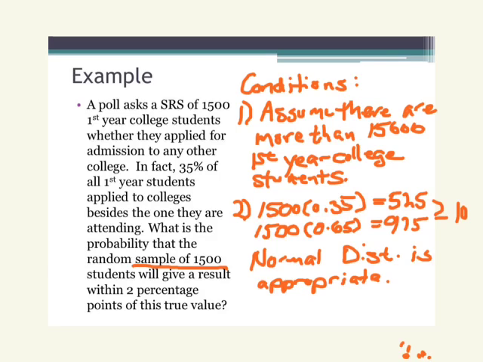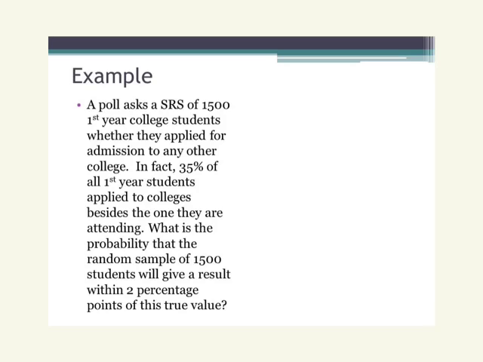All right. So now that we've determined that, let's go ahead and actually apply the normal distribution. Okay? So I'm going to clear my drawings here, and we'll make some room so that we can show the actual work, all right? So we showed that a normal distribution is appropriate. Now we need to find the mean and standard deviation of this sampling distribution, and then we can set up our normal distribution, right? Well, we know that the mean of p hat is equal to p, which in this problem is 35%, right?